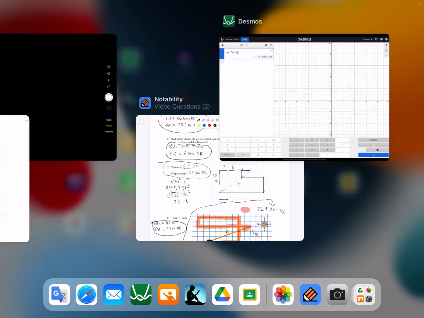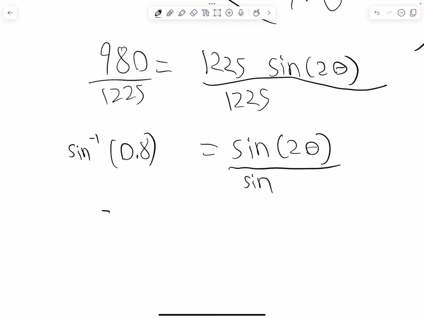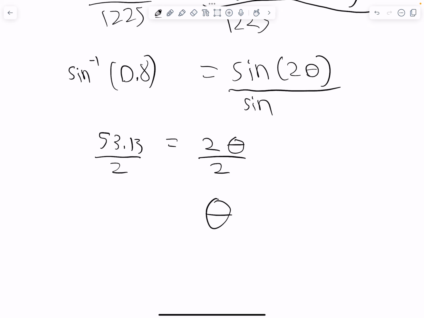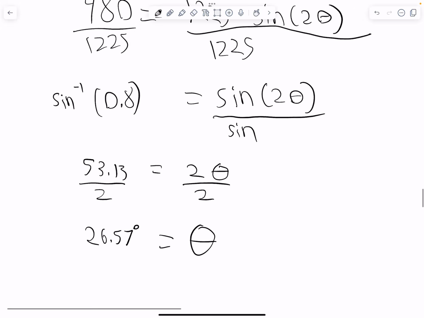So 53.13 equals 2 theta. To get theta by itself, we divide both sides by 2. This will give us our angle, which is then equal to 26.57 degrees.